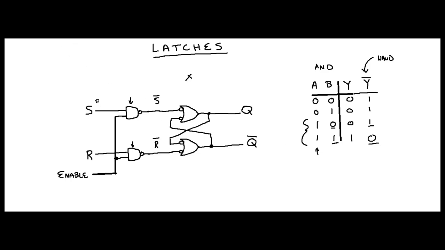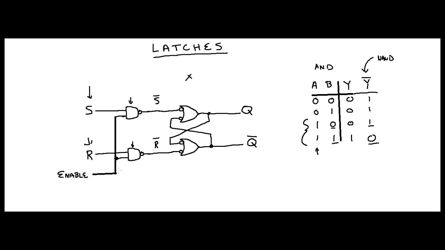So really what you've done here is, when this is enabled, you've basically changed this gate to positive logic. Notice there's no bar over set and reset. Get it? And now you can control it using this enable, which means you can turn it off.